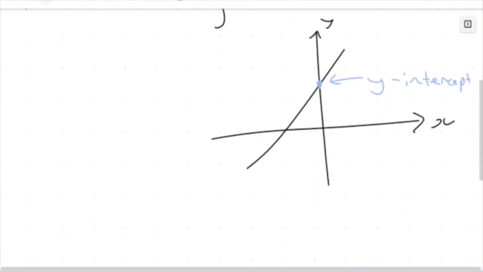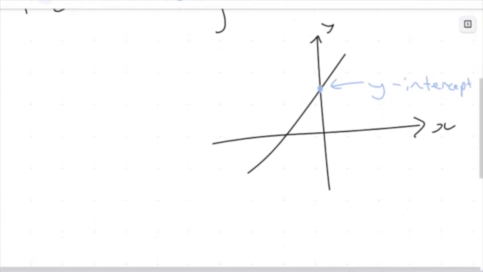Now, some linear relationships, you can see with this one in particular, an intercept means it just passes through one of the axes. So whatever the y-intercept is of our linear relationship, that just tells us the y value that the graph passes through when it goes through the axis.